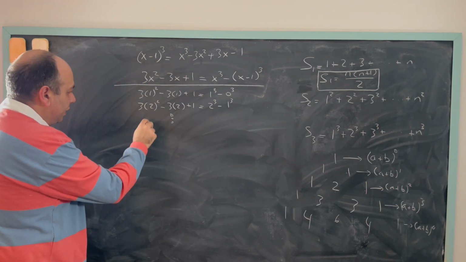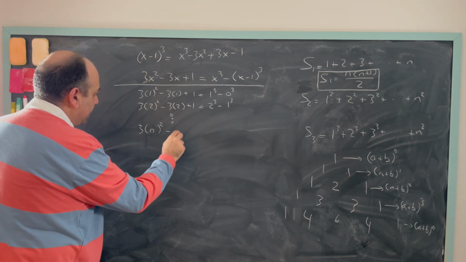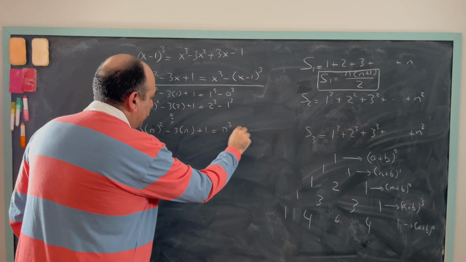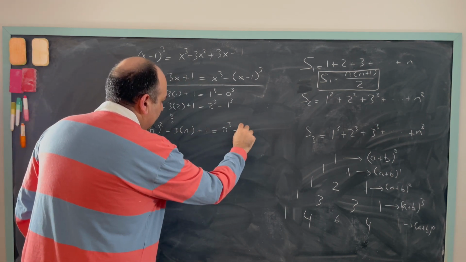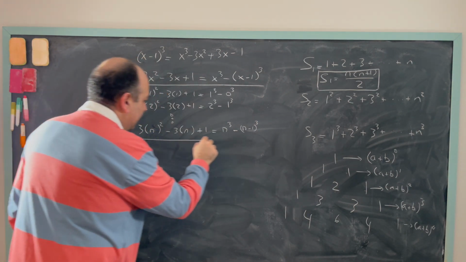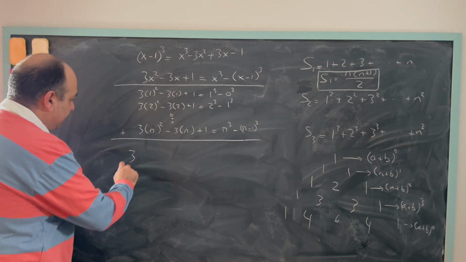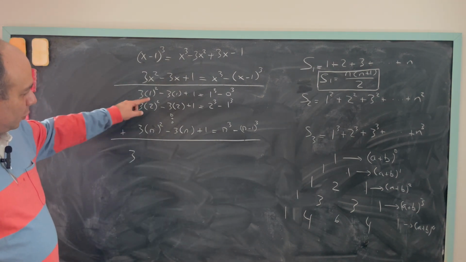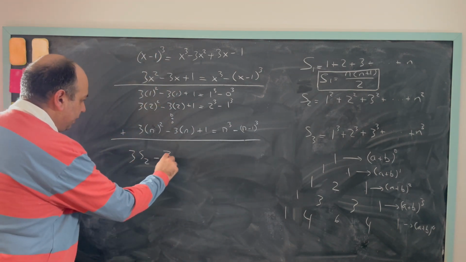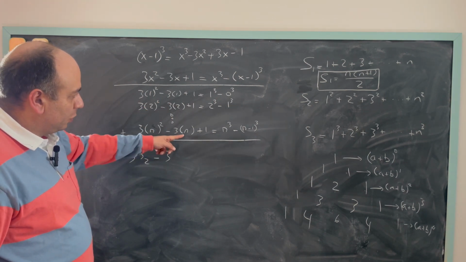For the nth term, I have 3 times n squared minus 3 times n plus 1 equal to n cubed minus n minus 1 cubed. Okay? So when I add them side by side, what do I get? So 3 times 1 squared plus 2 squared, all the way to n squared, I have s2. Minus 3 times 1 plus 2 plus 3, all the way to n.